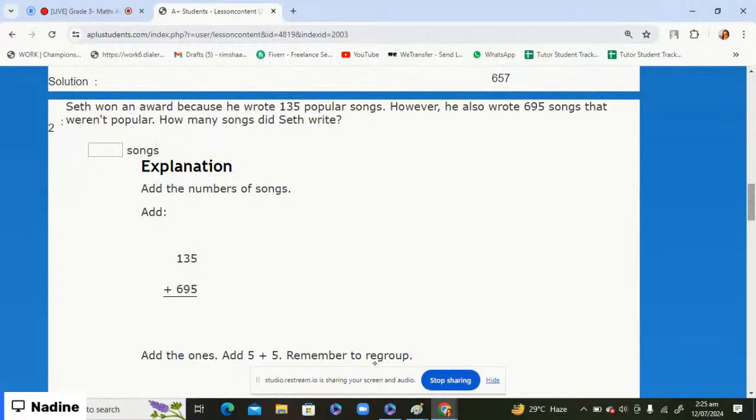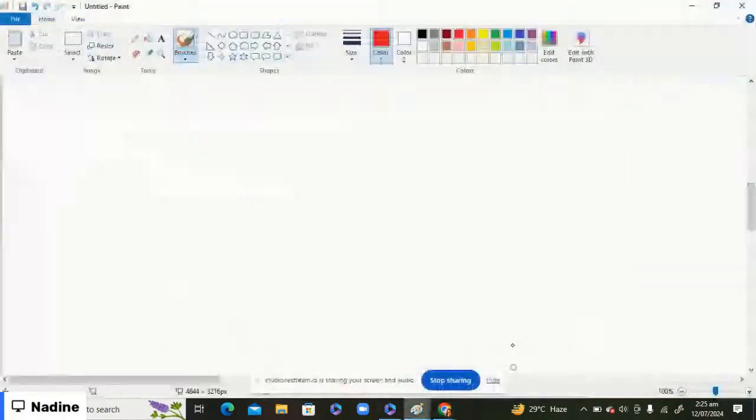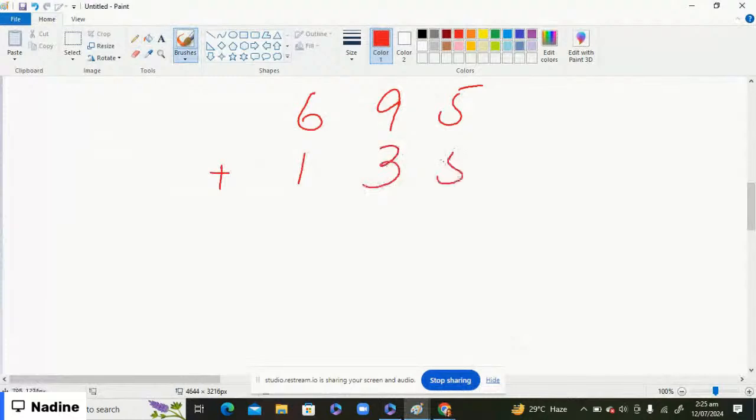That is 695 plus 135. Okay, now everyone solve this one. Do it, and then tell me the answer in the chat. Solve this question in your notebook and then tell me the answer.